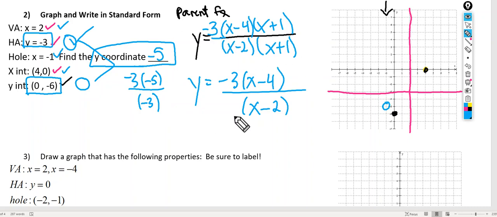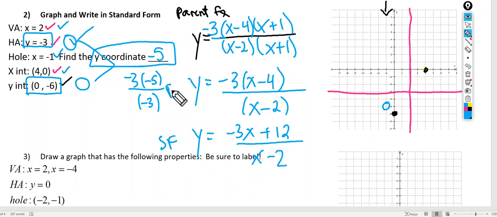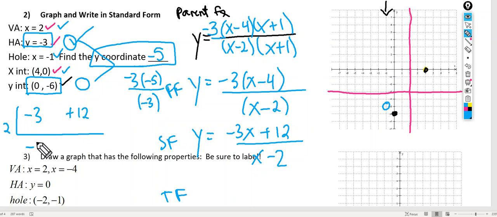Now, if I'm thinking that this could look like the parent function, that means that we've got standard form, we have factored form, and I could do transformation form. I'm just doing this to check to see if everything's working, just to make sure.